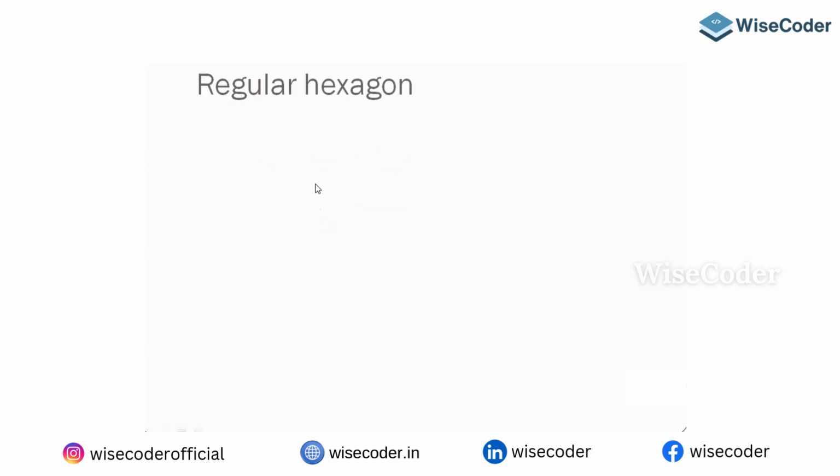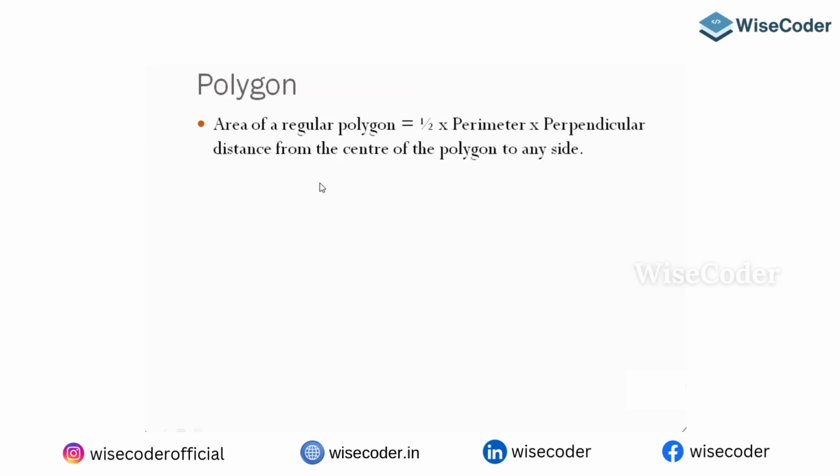Now let's talk about the polygon. The area of a regular polygon is equal to half into perimeter into perpendicular distance from center of the polygon to any side. So that's your polygon funda.